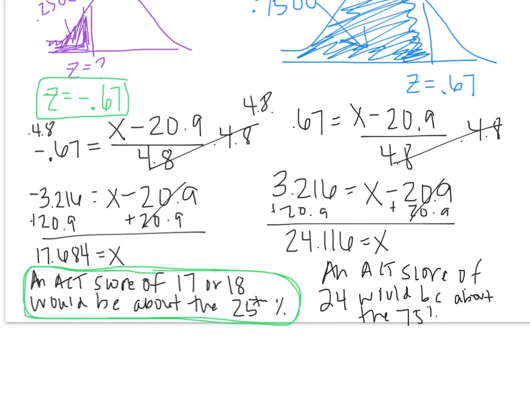So an ACT score, ooh, that's so messy, of 24 would be about the 75th percentile. Since this number is way closer to 24 than it is to 25, I just gave 24. Where here it's kind of in the middle between those two. But for my final answer, I would say an ACT score of 24 would be about the 75th percentile.